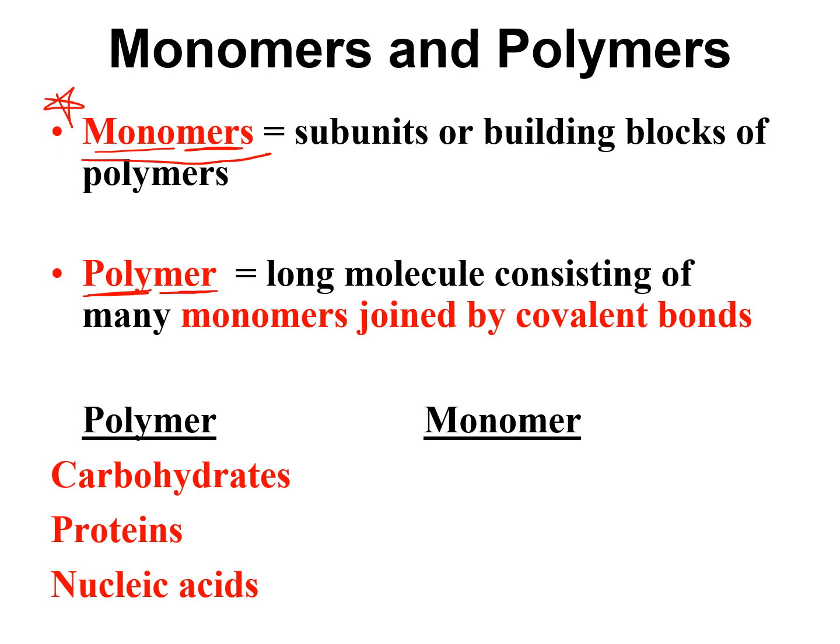I've got 3 of the polymers listed over here, and let's put down the monomers they're made up of. For carbohydrates, the monomer, subunit, or building block would be the monosaccharides.